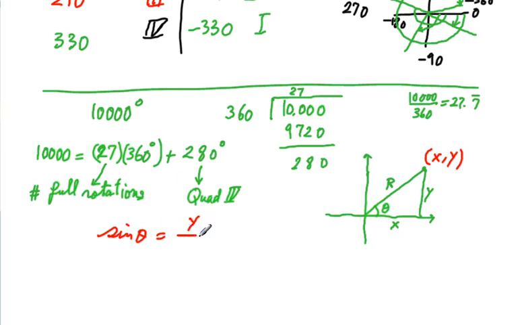Y over r. Now, y over r for us meant, this meant opposite, this meant hypotenuse. But when you are in a coordinate system, you don't need to call them opposite or hypotenuse. You can just call them y coordinate and the radius. So that's the main clue.